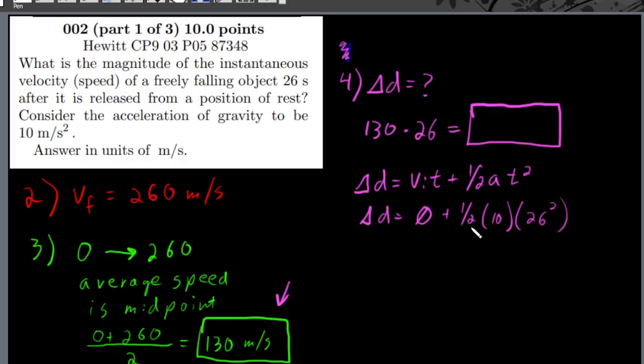All right, and of course 1/2 times 10 is 5, and so we'll end up with 5 times 26 squared, or 130 times 26, and those will give you the same thing, because 5 times 26 is 130, so you can see that it's 5 times 26 times 26. And so those answers will be the same.